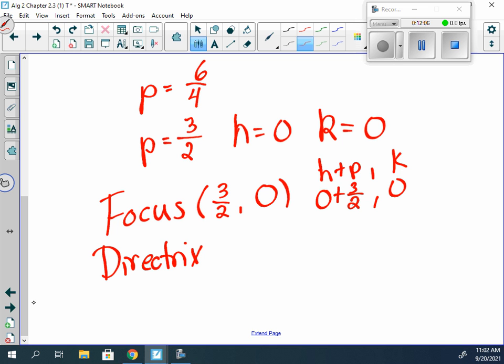Directrix. Again, it tells me it's x equals, well, it would be h minus p. And what is 0 minus 3 halves?